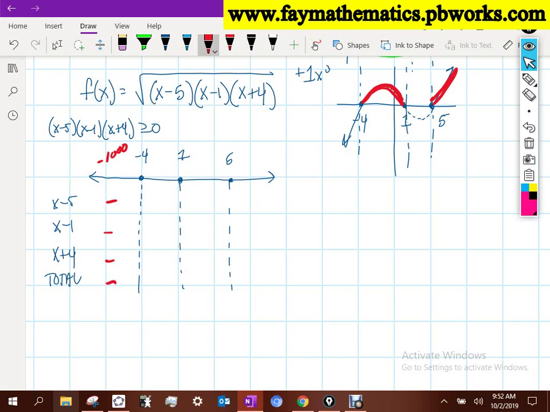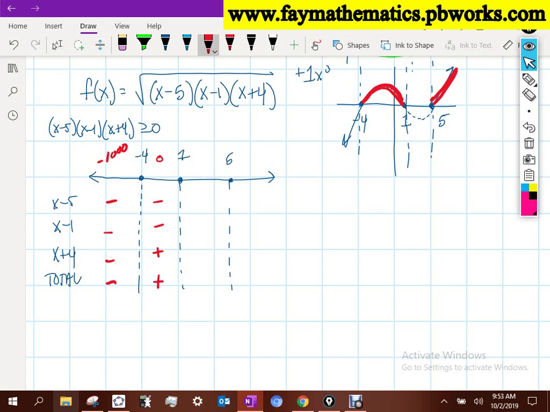What's a good number to choose here? 0, right? If I choose good numbers, this process of evaluating should be really quick. So choose 0, that's a negative, a negative, a positive. What's my total going to be then? If I have 2 negatives multiplied together, don't they turn into a positive? And then a positive times a positive. Positive. This one here, going to have to do some evaluating.